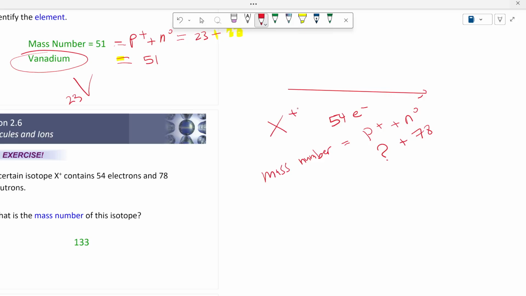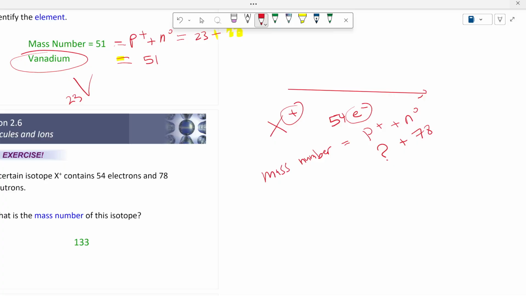Now the charge is +1, and the question gave me the number of electrons. What does it mean when the charge is +1? Which is greater than the other? Protons is greater than electrons, or number of electrons is greater than protons? Yes, you are right. The number of protons which are positive is greater than the number of electrons. By what? By 1, because the charge is +1. If the charge is +2, then it will be greater by 2 or 3 or 4 according to the value of the charge.